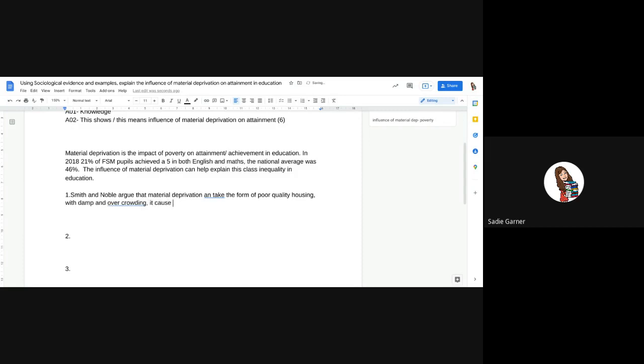It can cause poor diet, limited access to resources like books, computers, internet, and money for school trips.